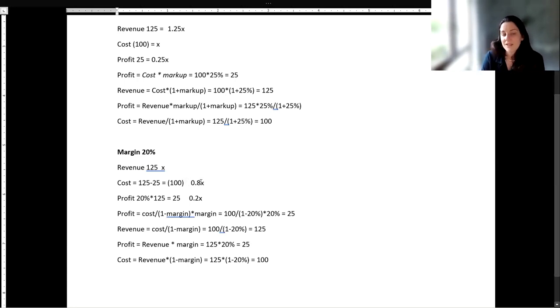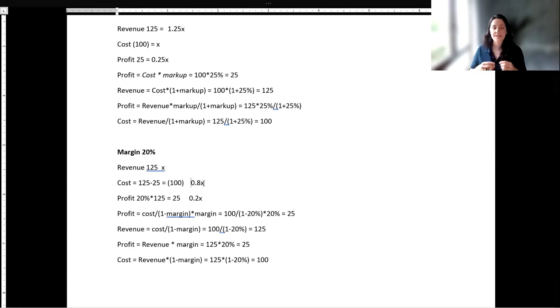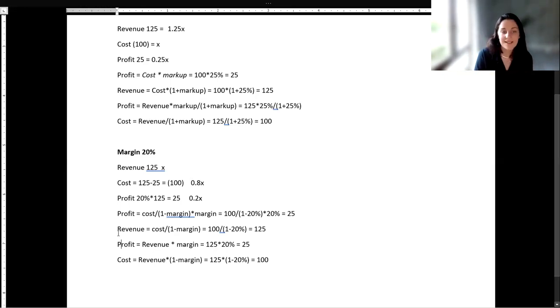So if I am given cost, if I'm given the value of this 0.8x, I can find x by dividing the cost value that is given to me by 0.8, which is 1 minus margin. So the same idea that we had in here.